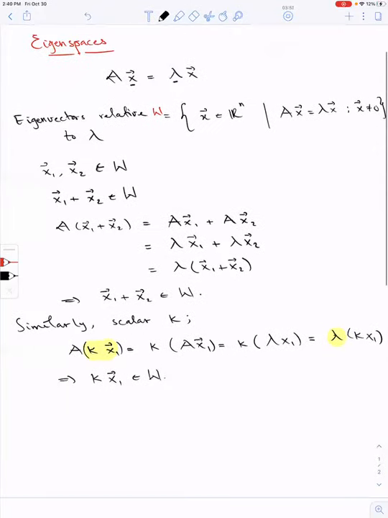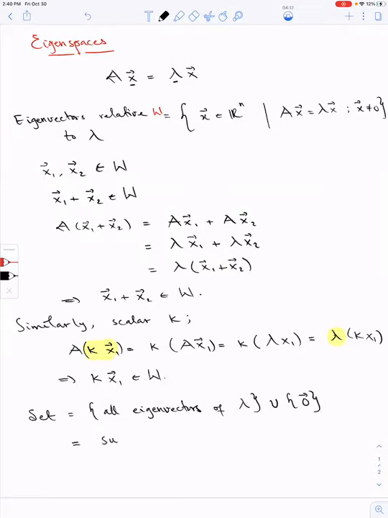So if we consider the set of all eigenvectors of lambda and then add the 0 vector to it, we get a subspace.